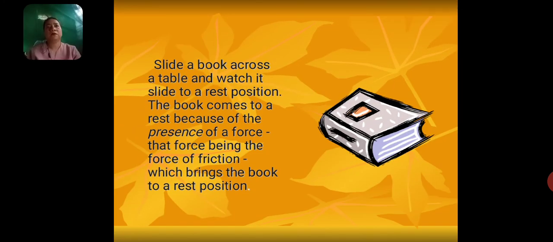Okay, so this one is an activity that I want you to try at home or with your parents. Slide a book across the table and watch it slide to a rest position. The book comes to a rest because of the presence of force, and that force being the force of friction, which brings the book to a rest position.